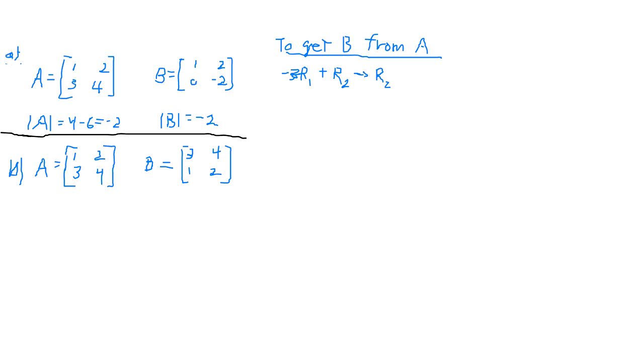All right, so how did I get B from A? What did I do there? That's right, Solomon. We switched rows 1 and 2. And of course, the determinant of A, we know that's negative 2.